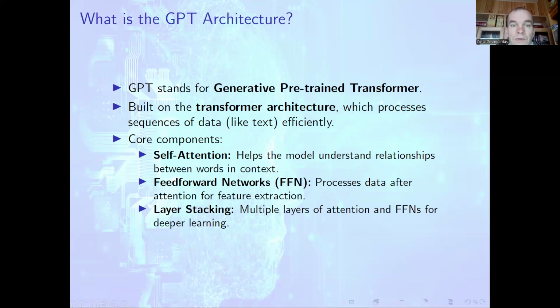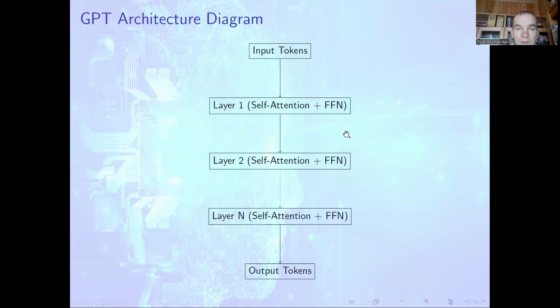The core components of GPT are so-called self-attention, which helps the model to understand relationships between different words in the sentence, also the feed-forward neural network, FFN, and also the principle of layer stacking, which we will consider in the next slide.